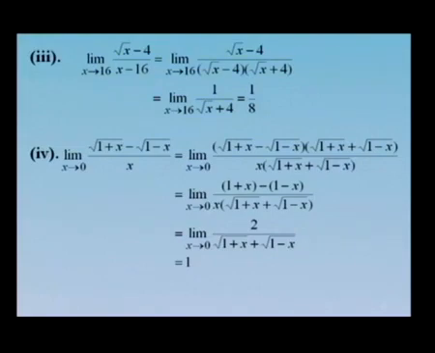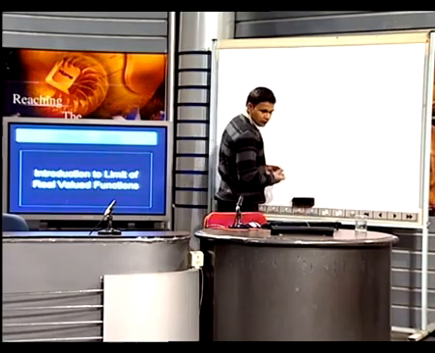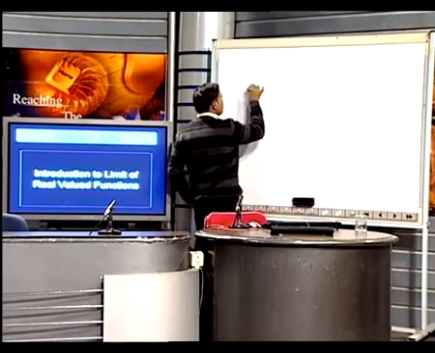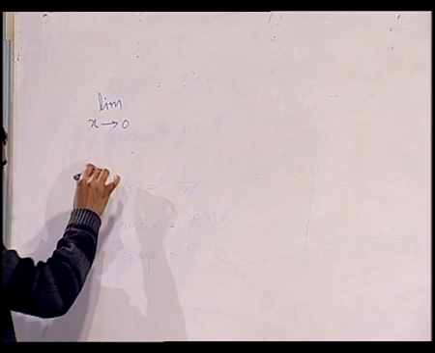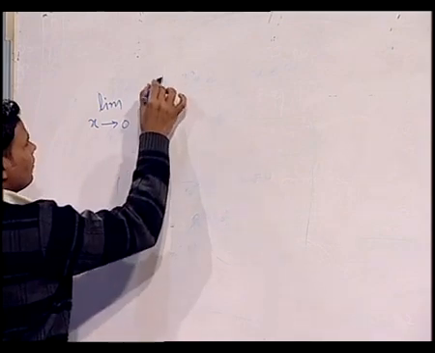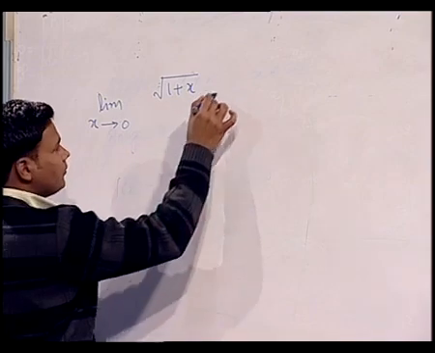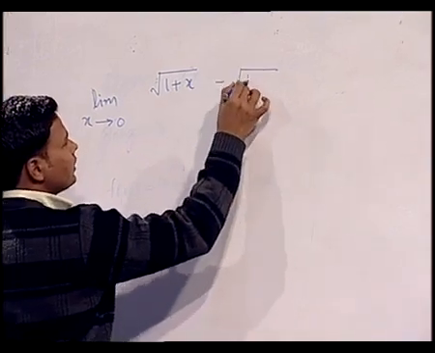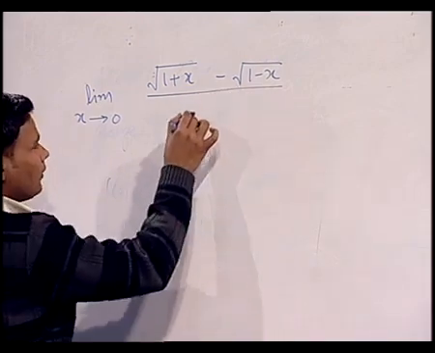Next we take example 4. Let us solve this as it is: limit x tends to 0, (square root of 1 plus x minus square root of 1 minus x) upon x.